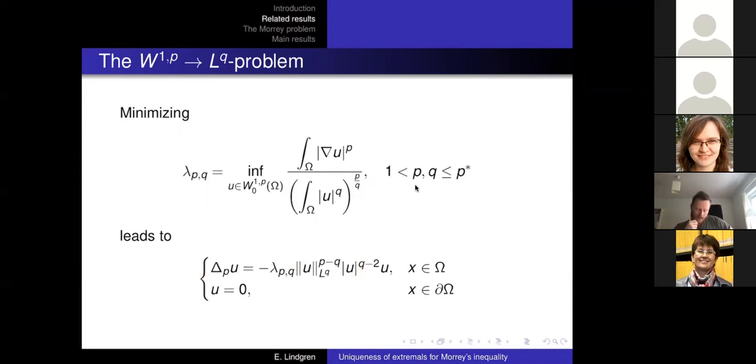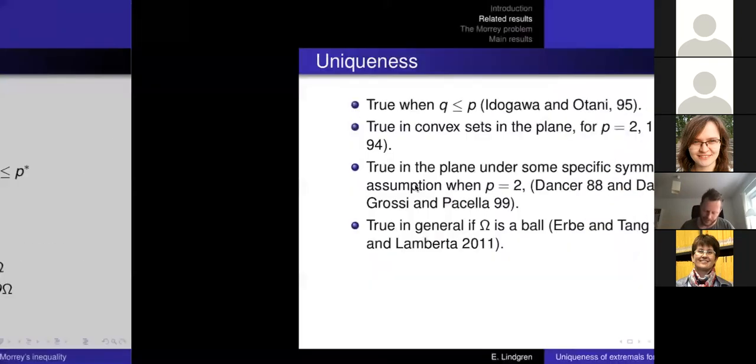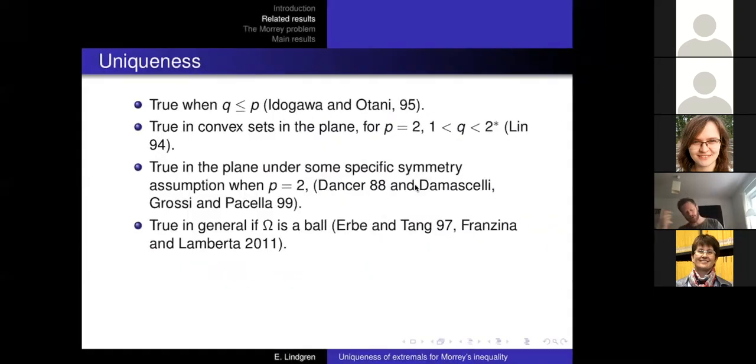And it turns out that the problem here changes dramatically at the threshold p equals q. So what's known is that when q is less than or equal to p, then you have this uniqueness property up to multiplication in connected domains.